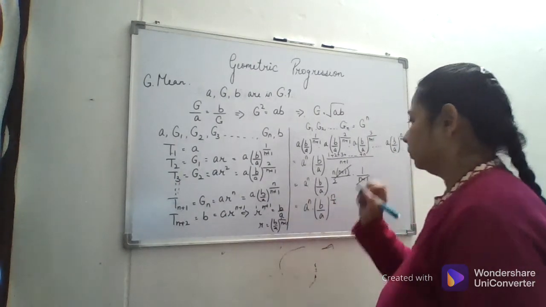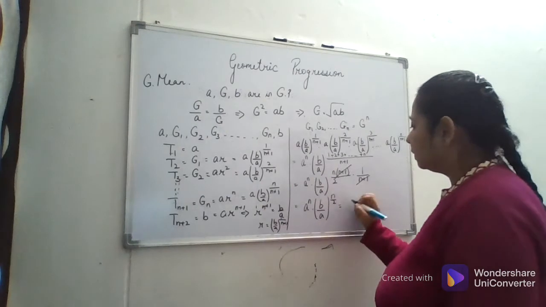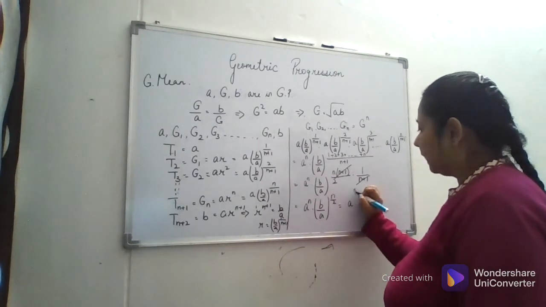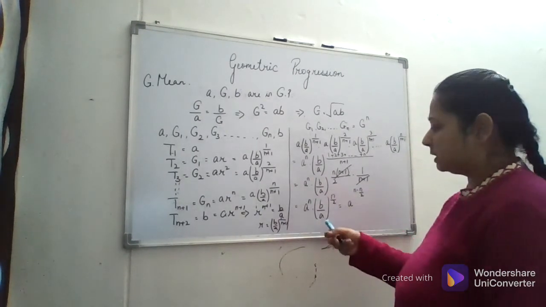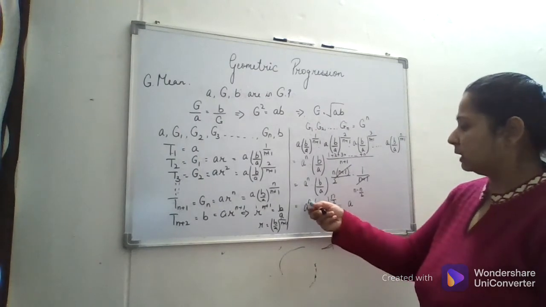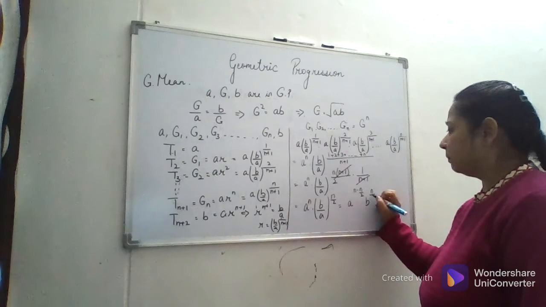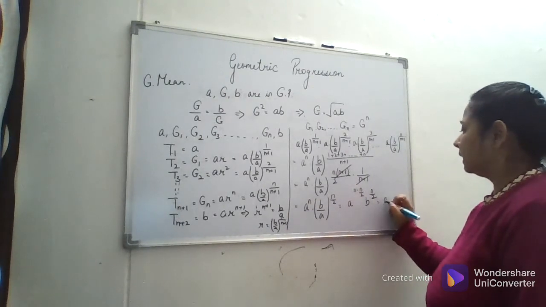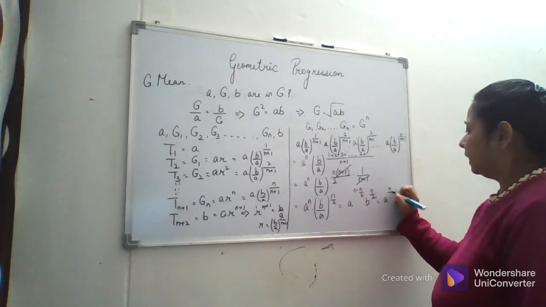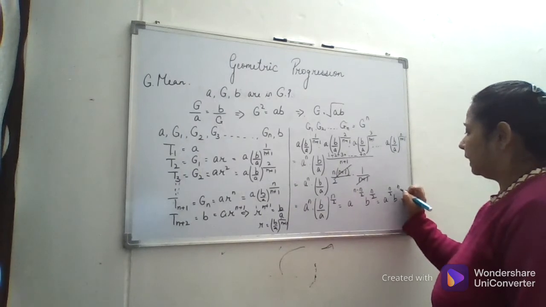So from here I can deduce that it is A raised to n minus n by 2, because it is in the denominator. So A raised to n by 2 into B raised to n by 2.